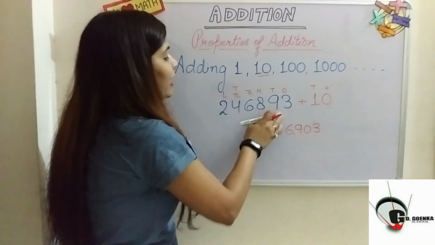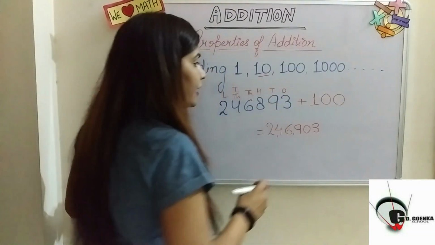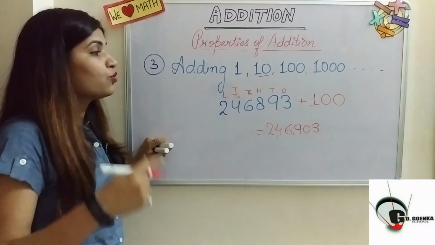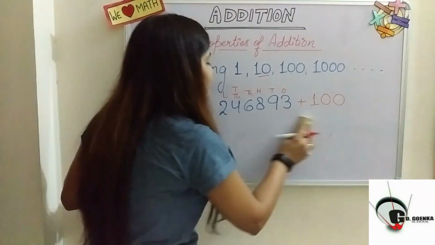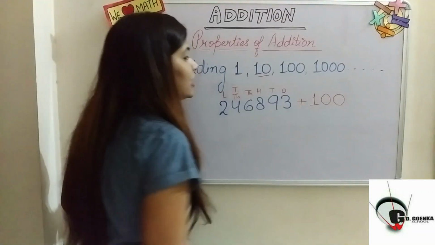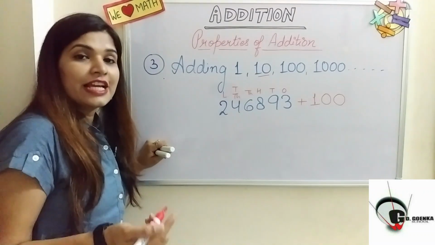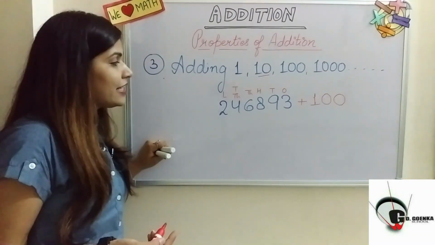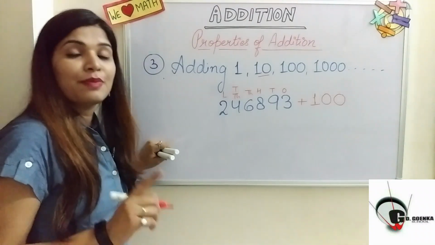Now children, what will happen if I add 100? Yes, of course. When we add 100 to any number, the result is a change in the digit at the 100 place, which increases by 1.